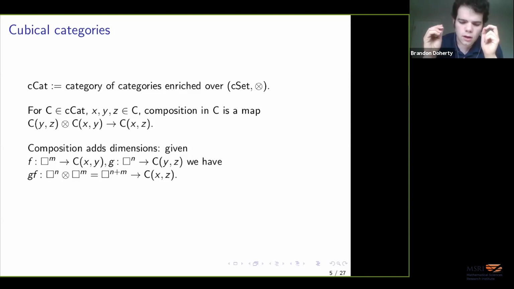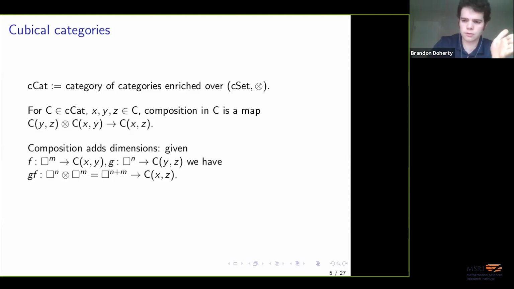Now unlike what we would see in, say, a category of categories enriched over a Cartesian monoidal structure, we don't generally compose two cubes of the same dimension to get another cube of the same dimension. Rather, you compose two cubes in these cubical categories of arbitrary dimension, and the dimension of the composite will be the sum of the dimensions of the two things we compose.